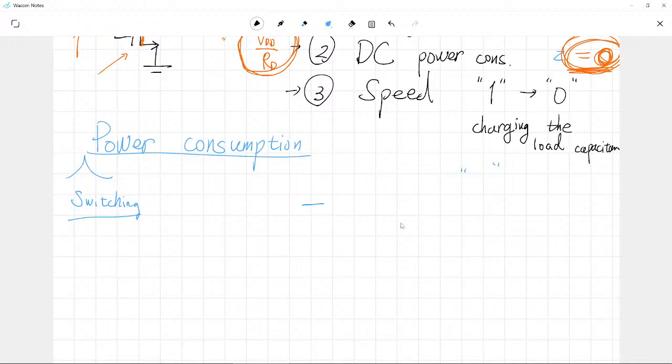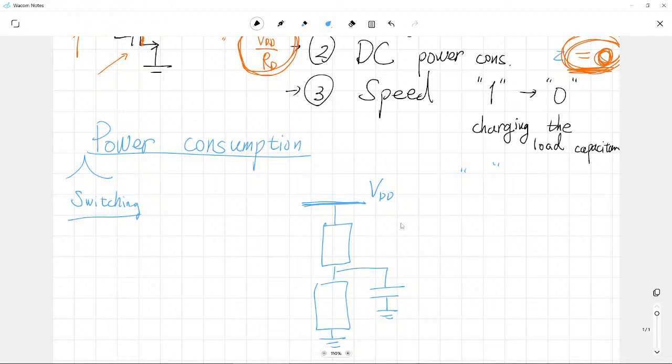Here we have VDD. Let's have a look from the viewpoint of our VDD. There is something here, and there is also something else, and there is a load capacitor. That is a generalized view for our logic circuit.